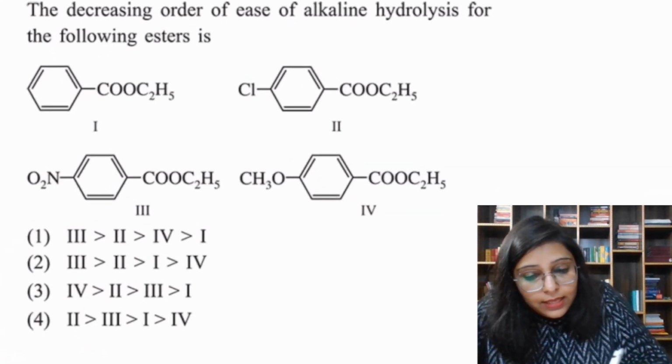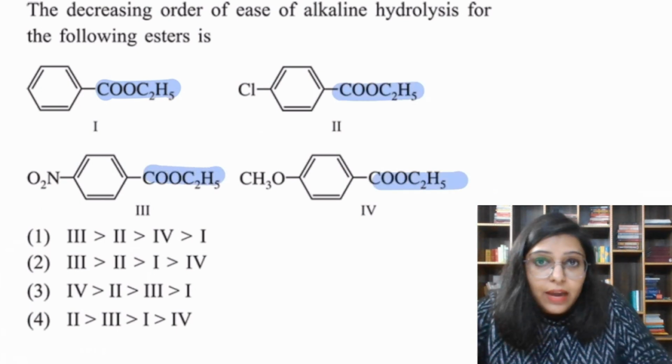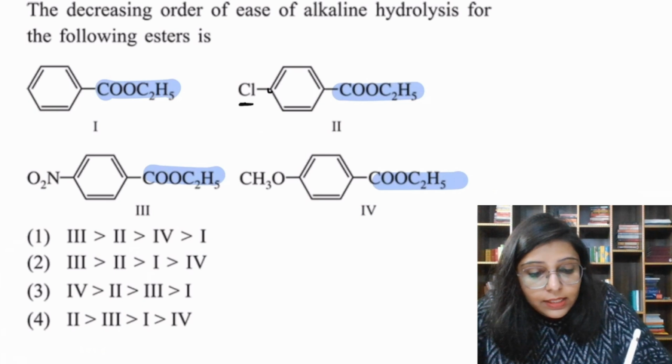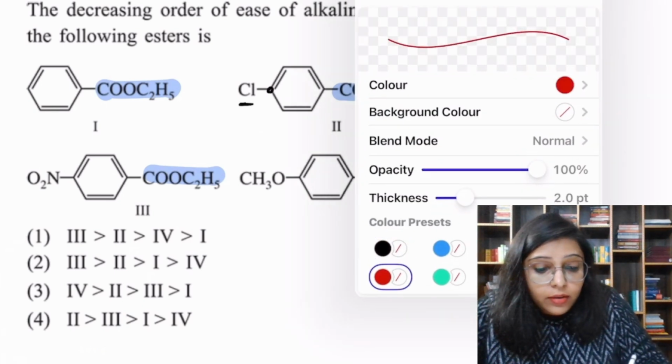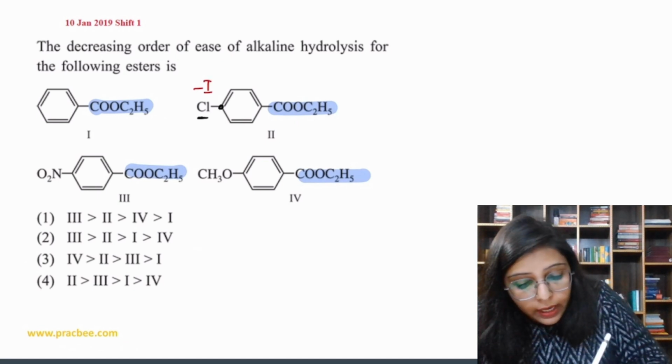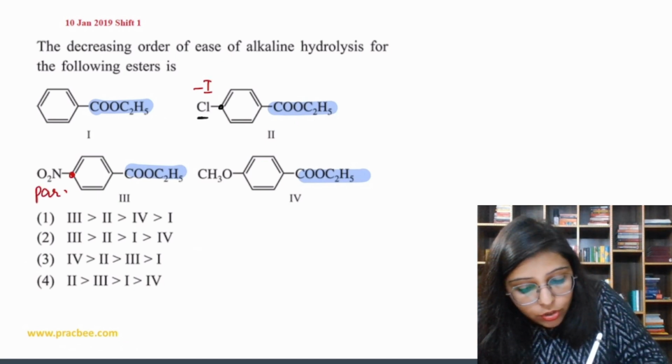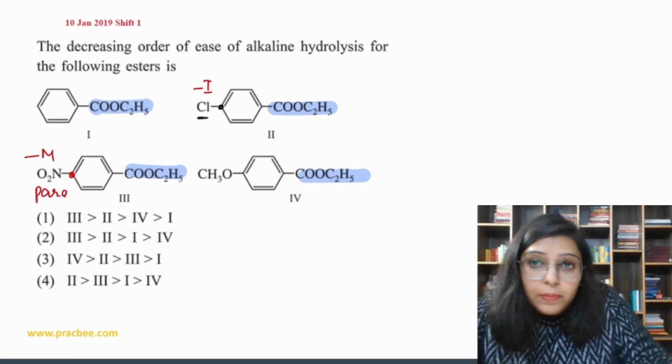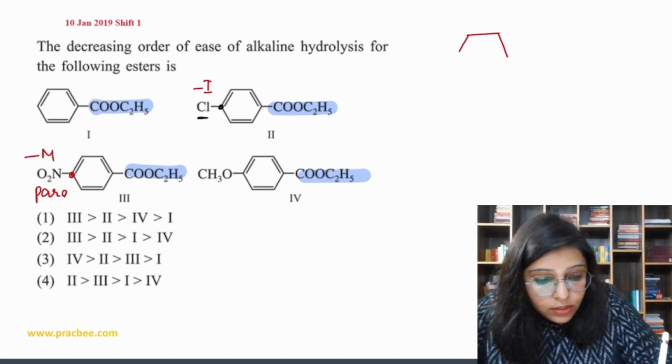So see, this is the ester part, which is common: ester, ester, ester. Now we have to check the group. In Cl, which effect dominates? Inductive effect. So here we have minus I. In NO2 at the para position, we have a minus M effect, which means resonance.